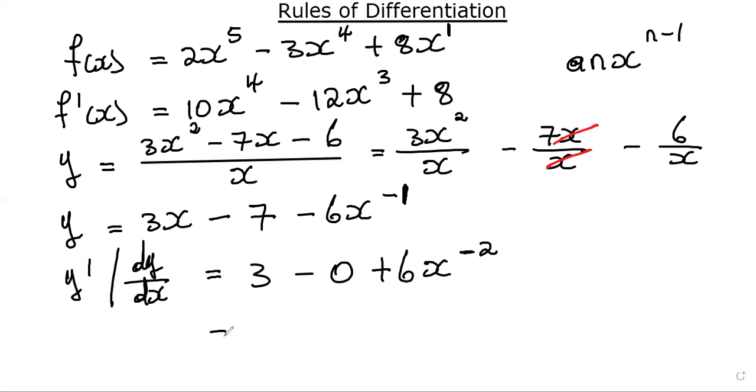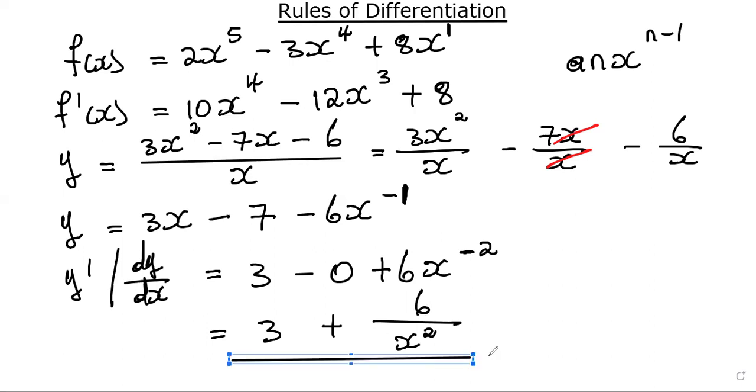But if they ask you to simplify it and write it in positive exponential form, then you say, okay, I have 3 there, and then I say plus. I know that the x squared has to go in the denominator, and my numerator will just be a solid 6. And your happiness is complete for this one.